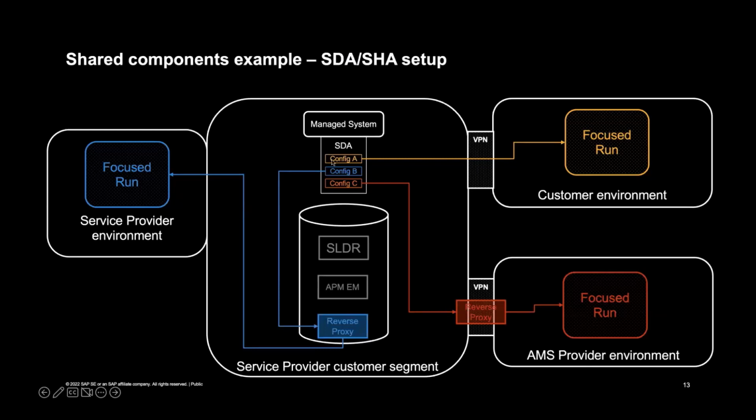So, for example, if on your managed system the target URL or the target host name of the Focused Run system is not directly resolvable, you can use the reverse proxy to overcome this DNS resolution problem. Only the DNS endpoint of the reverse proxy must be resolvable, and only the reverse proxy needs to have a communication to the Focused Run system.